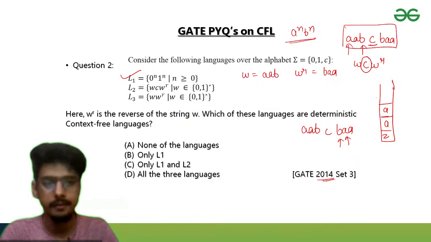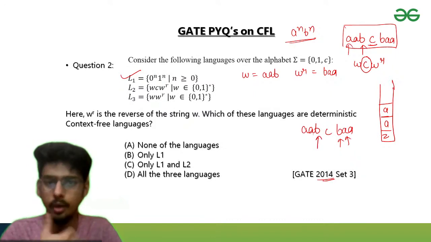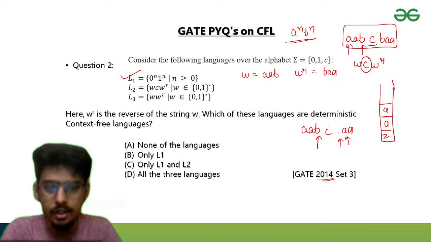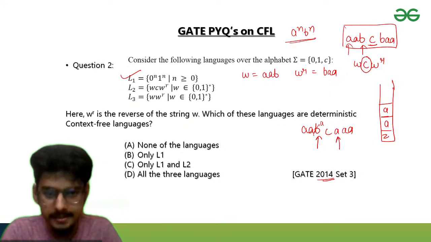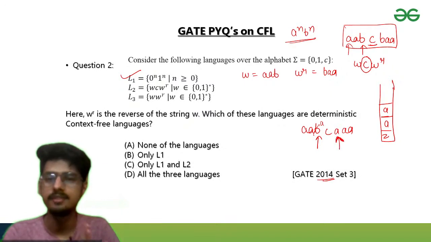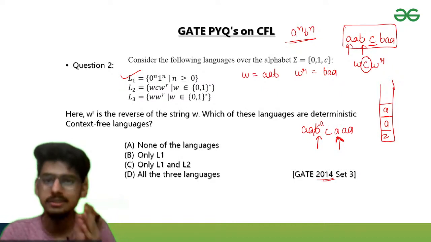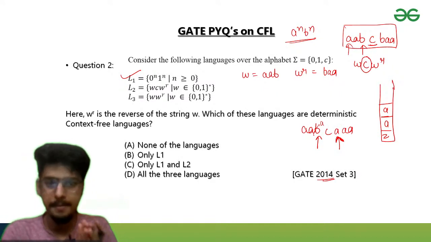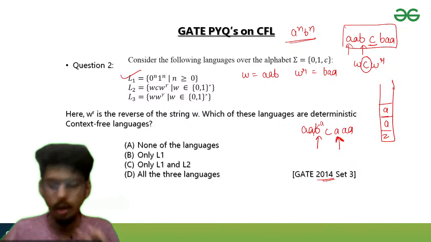If at this position it was not B, it had to be an A. Why? Because this A is telling me that I have started scanning the reverse of the string. So the first element of the reverse of the string will be the same as the last element of the original string, right? This is common sense.